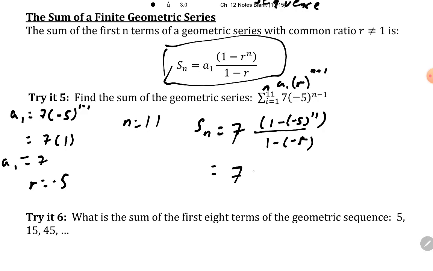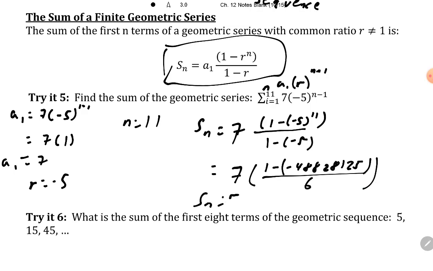So this is 7 times 1 minus some huge number, negative 48,828,125, divided by 6. Punch into your calculator at this point. 56,966,147.